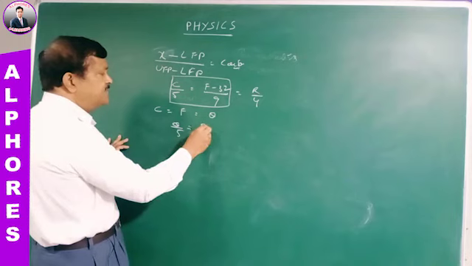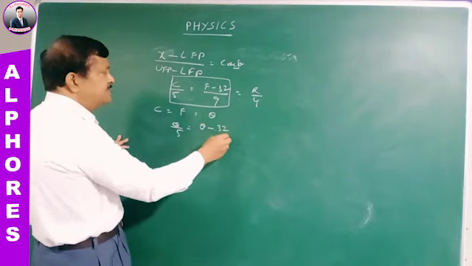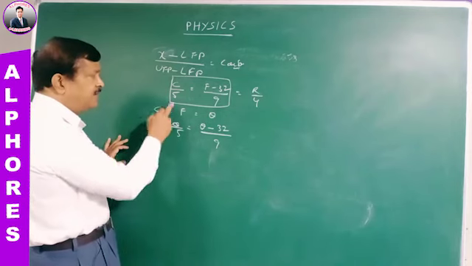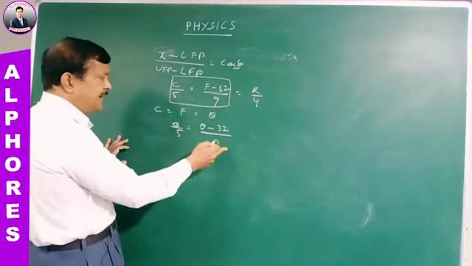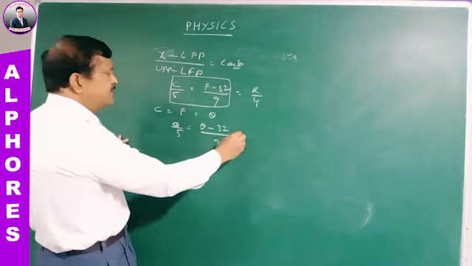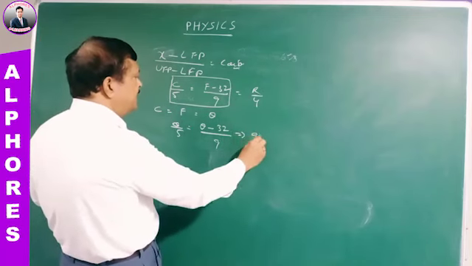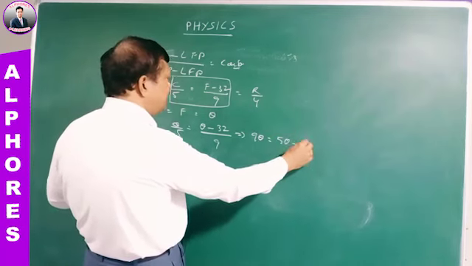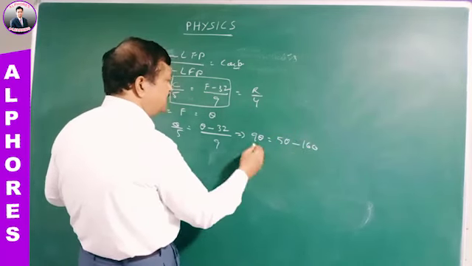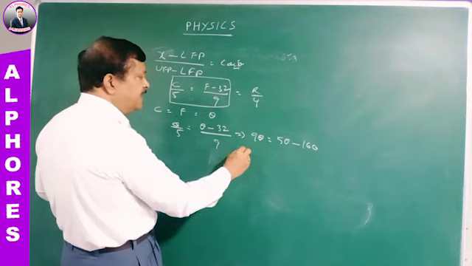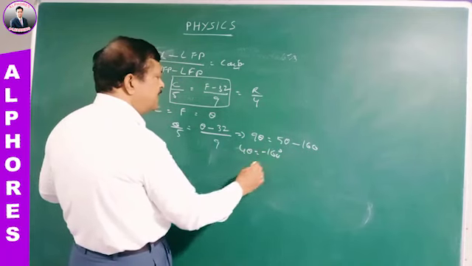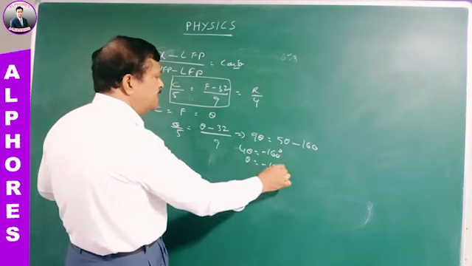In place of F also let us write theta, so theta by 5 equals (theta minus 32) by 9. By cross multiplication we will have 9 theta equals 5 theta minus 160. Taking 5 theta to the other side, 4 theta is minus 160. Otherwise, theta equals minus 40.